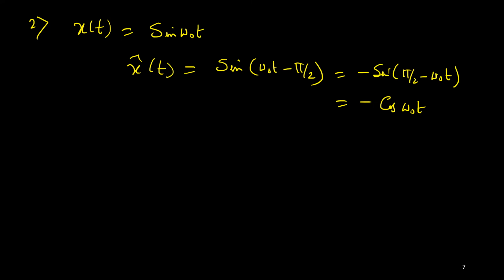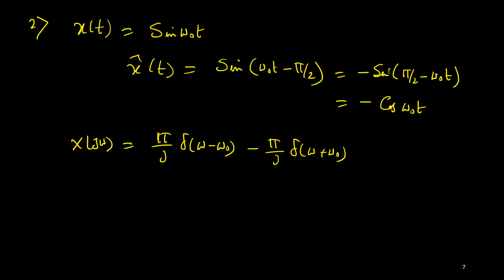In the spectrum also you will get the same thing. From the spectrum you will get a similar result, because for the sine, X of j omega is pi by j delta omega minus omega naught minus pi by j delta omega plus omega naught.